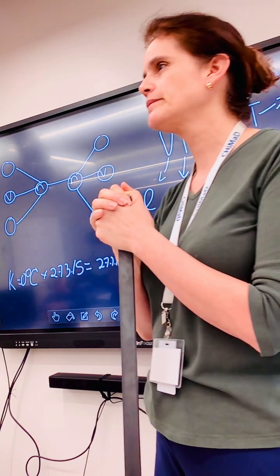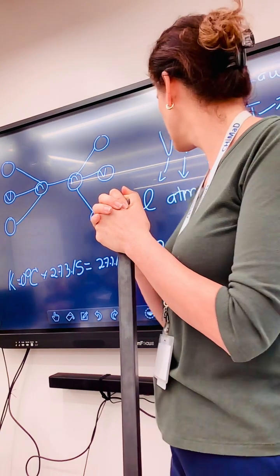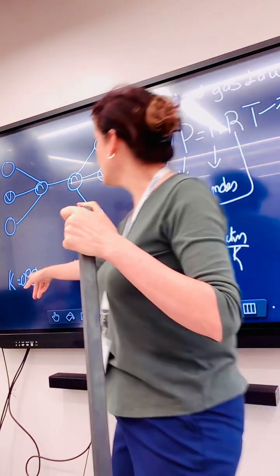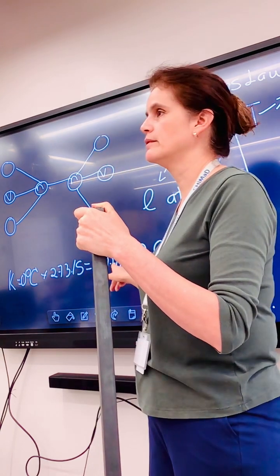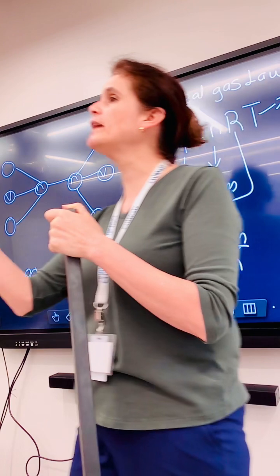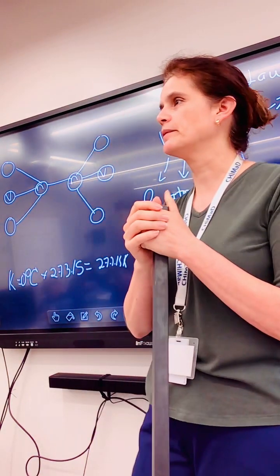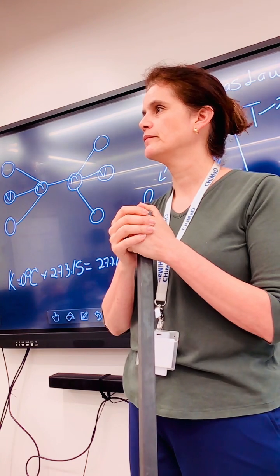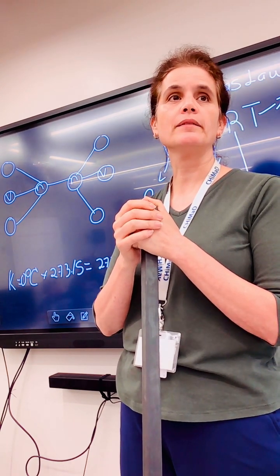Yes? Wait, so it equals 273.15. If you have degree C and you add 273, you get Kelvin. If you have 25 degrees C, how many Kelvin is that? 298.